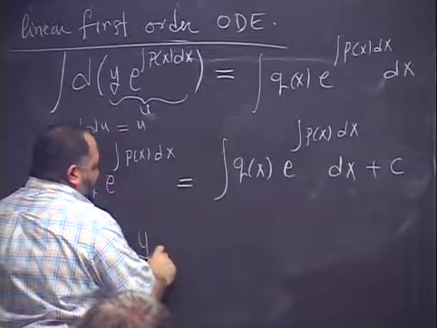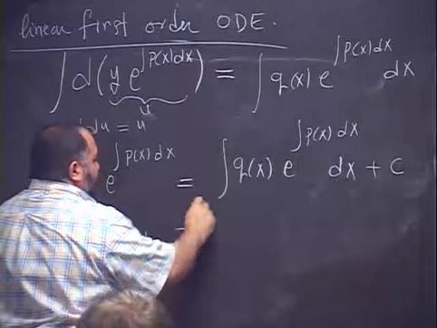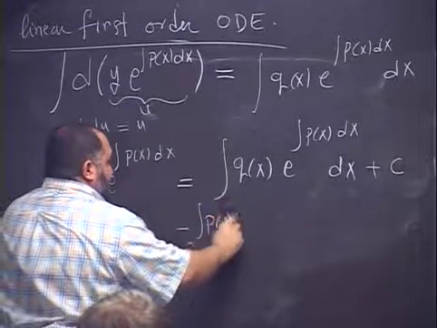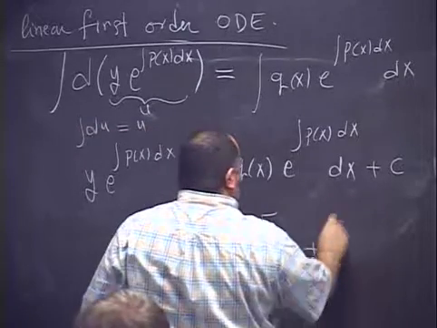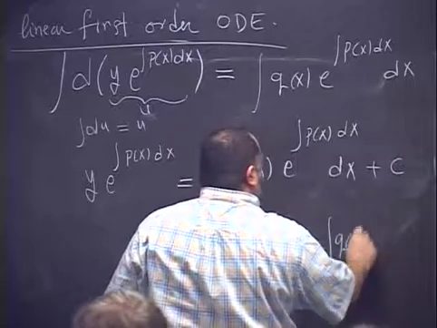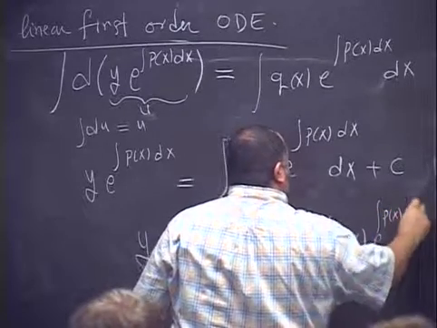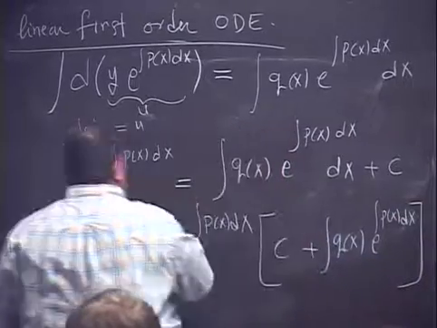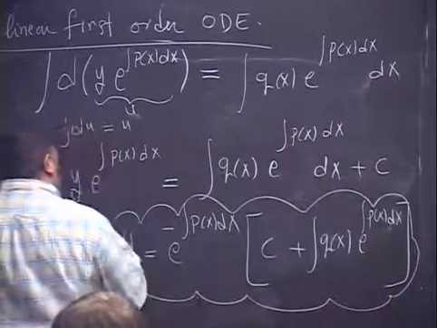So y will be e to the power of minus the integration of p of x dx multiplied by c plus the integration of Q of x e to the power of p of x dx. So this is the solution of the equation.